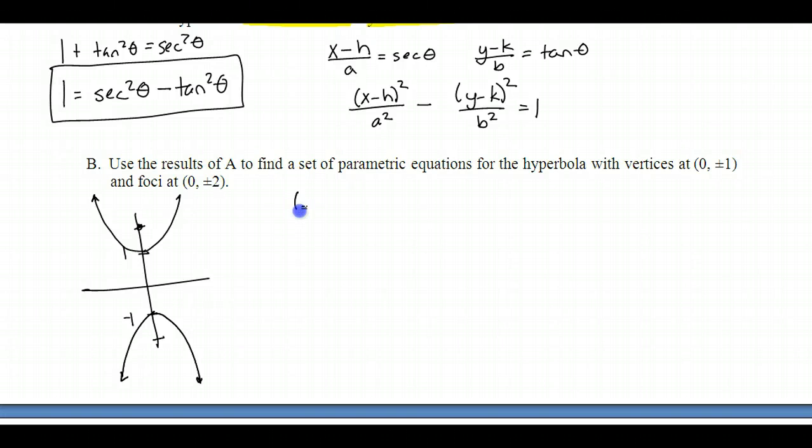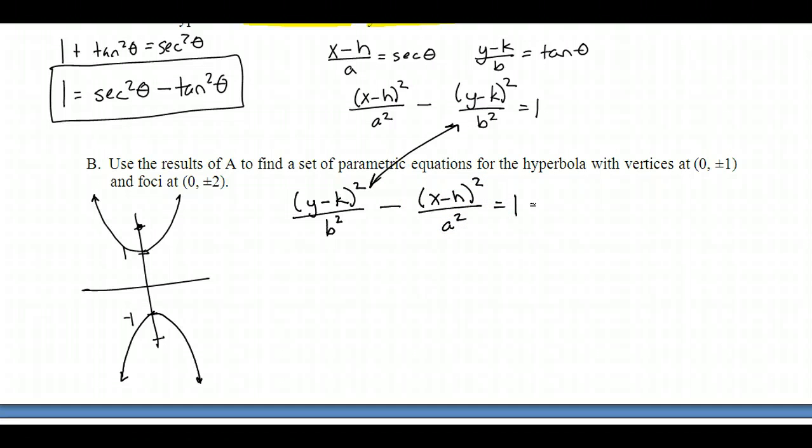We just know that we have to have y minus k, that quantity squared, and if we look up here, it's divided by b squared. Well, I know that has to be an a, but it's okay. We're just going to take it from this portion that your x and y have to go together. And then you have to subtract x minus h, that quantity squared, divided by a squared, for that to equal 1.